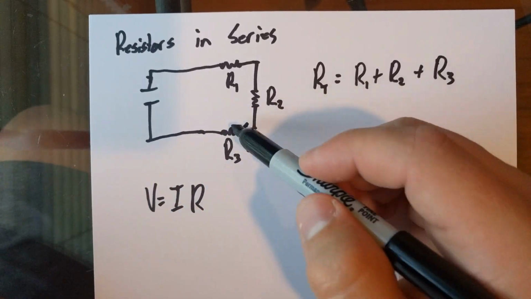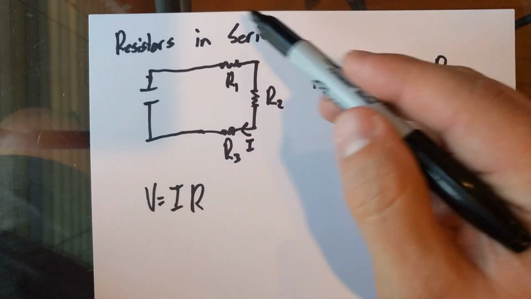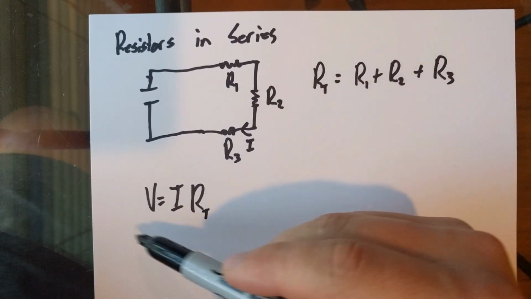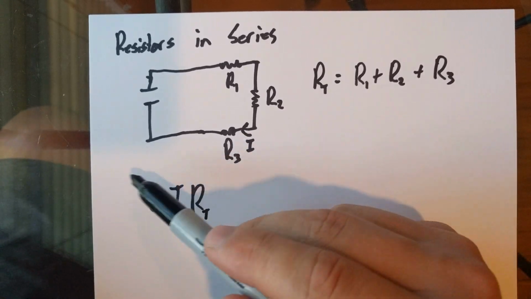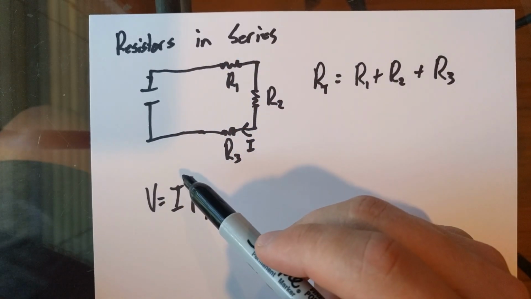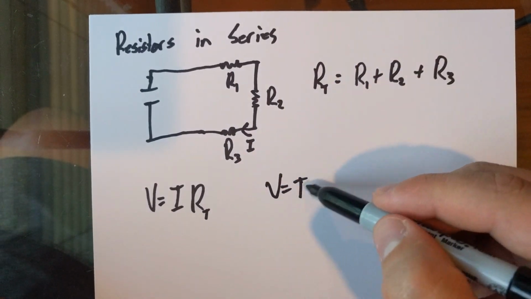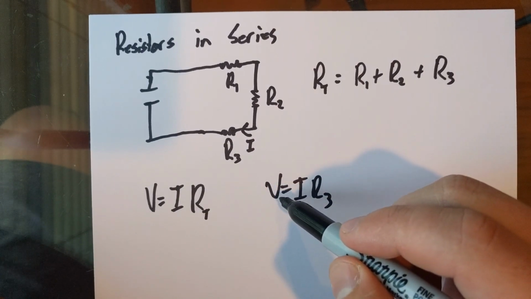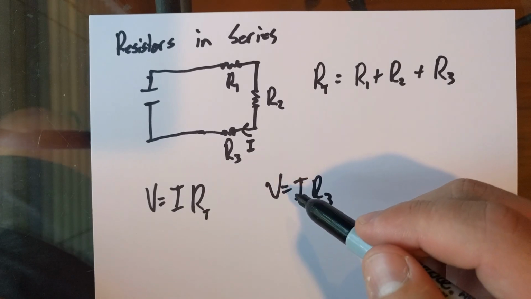You could find the power consumed in that resistor, or you can find it for the whole circuit. It just depends on which R you put in here. RT would give you the voltage, the current for the whole circuit. And then say if you did V equals IR3, that will give you the voltage drop over that specific resistor.